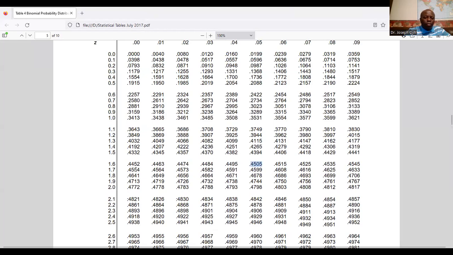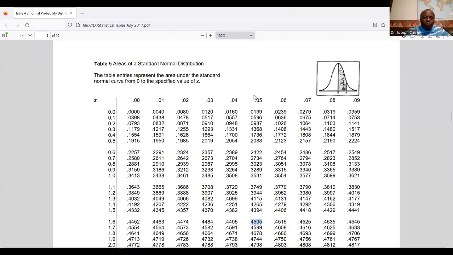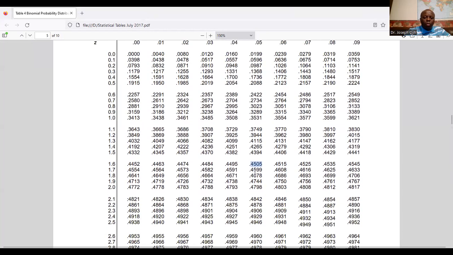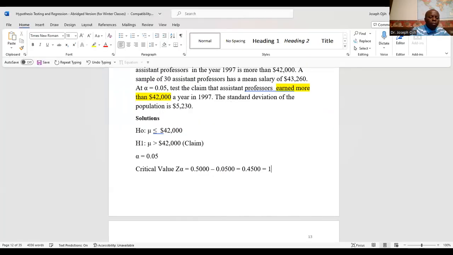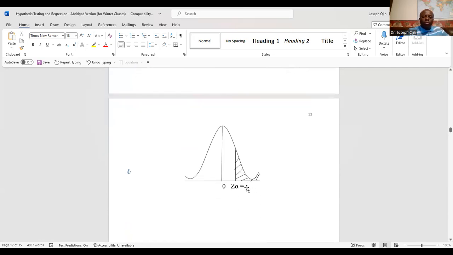To the left, you will see 1.6 here. If you go up 5, we get 1.65. So that will be our critical value, 1.65. So that's what we're gonna put here for critical value.